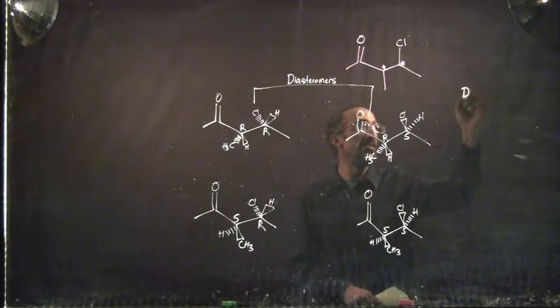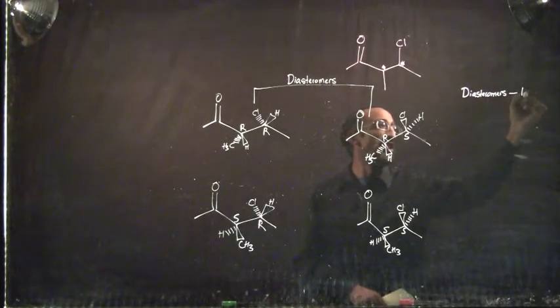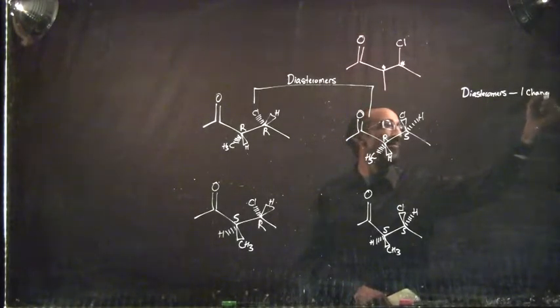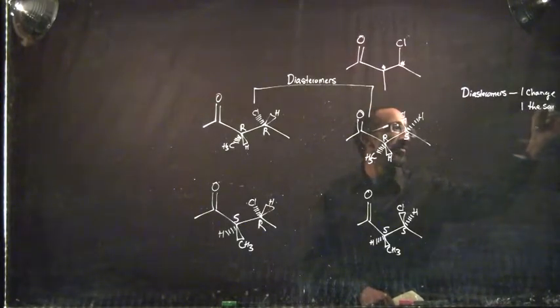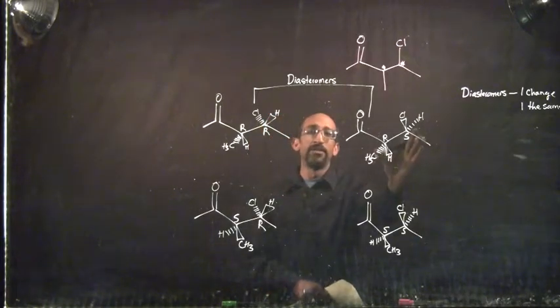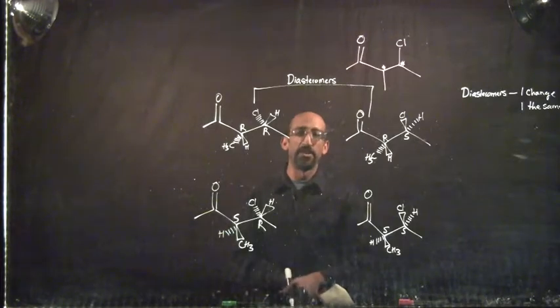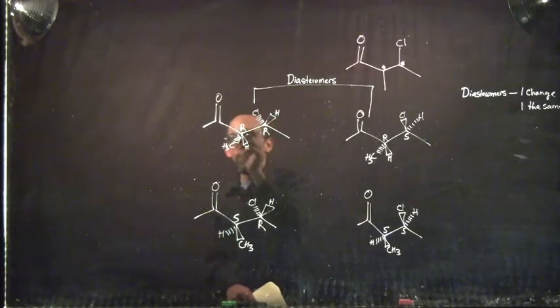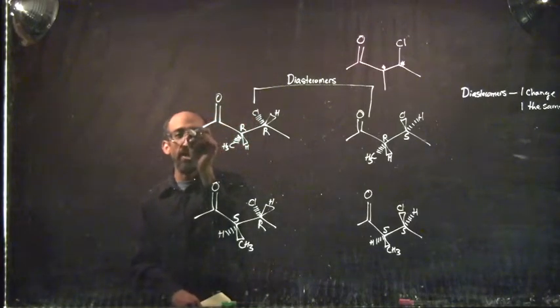So diastereomers: one change and one the same. Right? So I have changed at least one of my stereocenters, but I have kept at least one of my stereocenters constant. And if we go here now, we can see that that's true all the way around this little diagram.